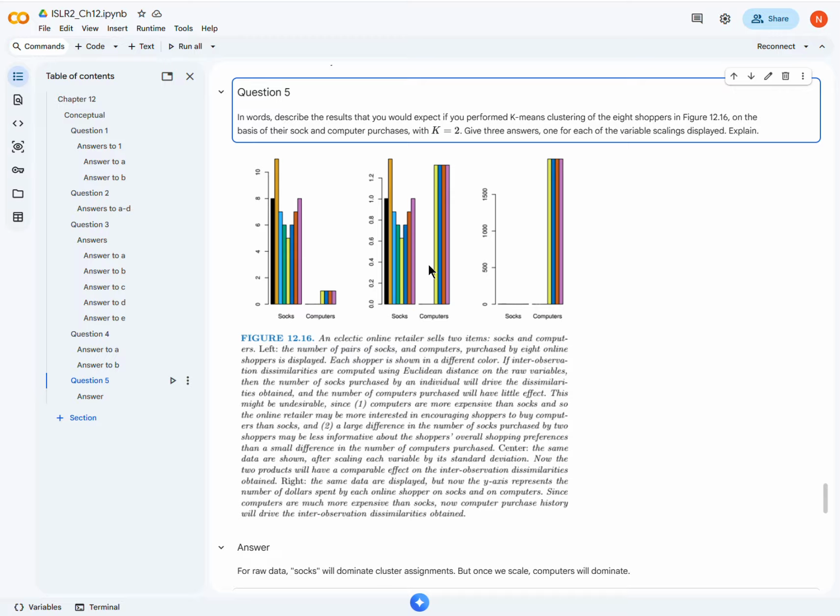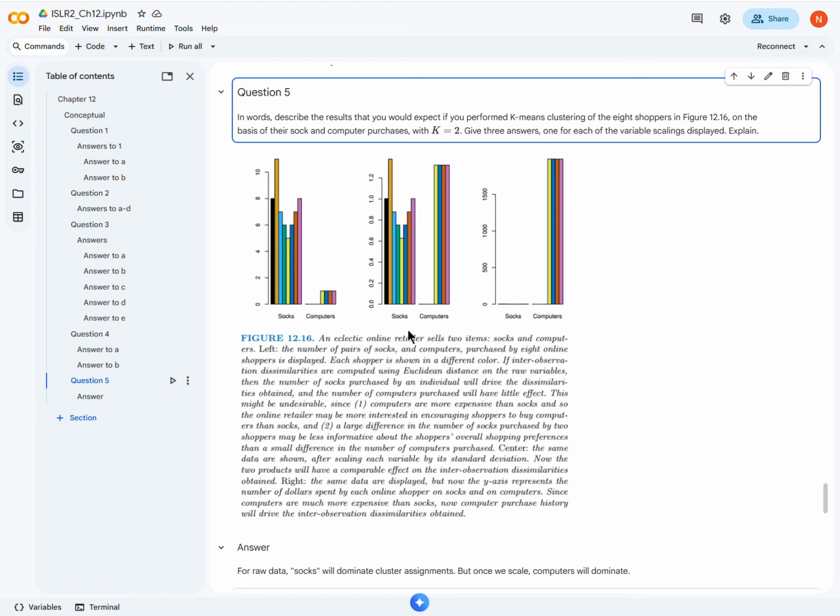But it's scaled. That's the important part. And then the right hand is number of dollars spent on these items. So, as you can imagine, socks are much cheaper than computers. So the number of dollars spent on socks is non-existent, basically.